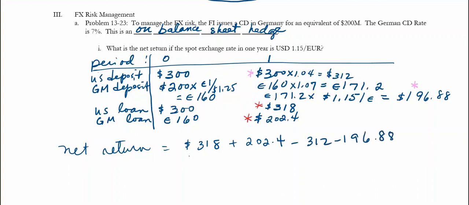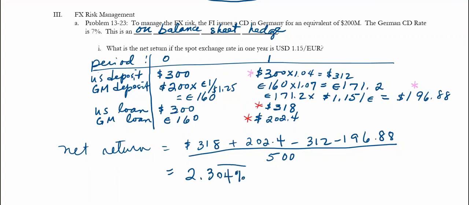And that was all earned off of an original $500 million in assets and liabilities. So we divide the numerator by the denominator. We get 2.304%.